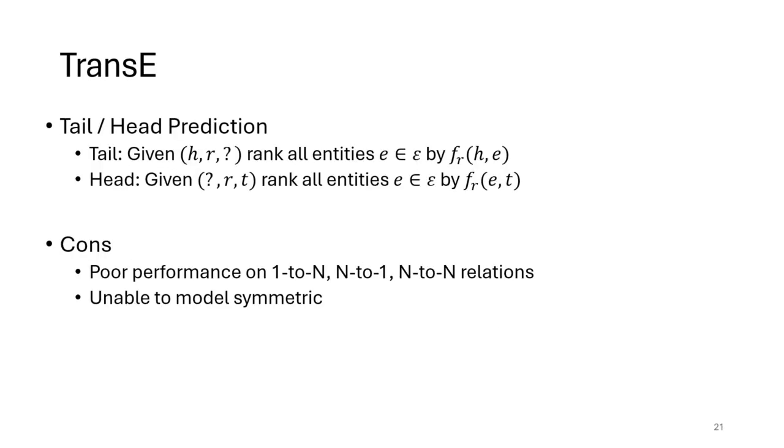The task of this model is to predict the tail and head, and the method is as follows. The disadvantages of TransE are poor performance on one-to-n, n-to-one, and n-to-n relations, and being unable to model symmetry.